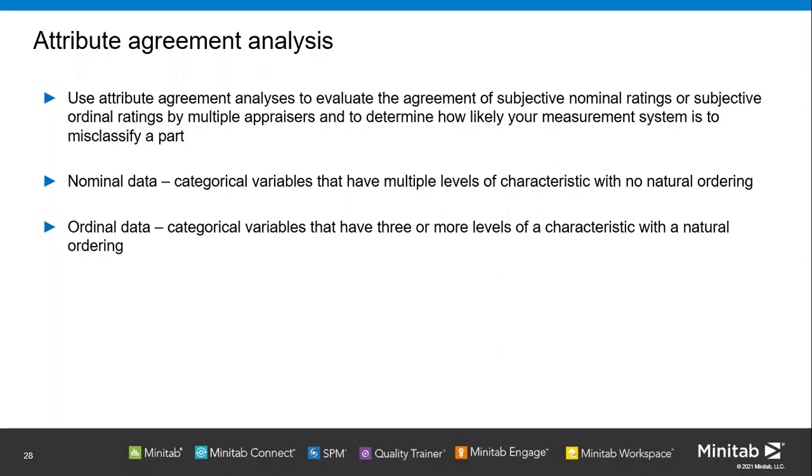You have a scale for the rating, so rating 1 and so on. So you have an ordering, whether 1 is good or 1 is bad. If you are faced with this situation, you are not able to do the Gage, but we have another tool, attribute agreement analysis.